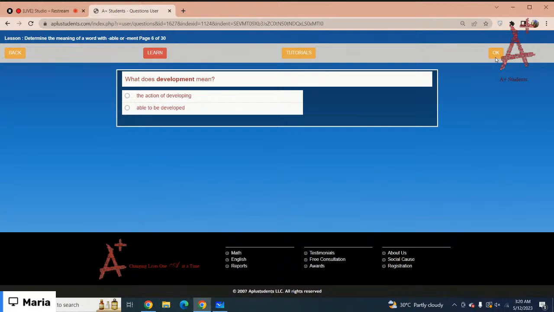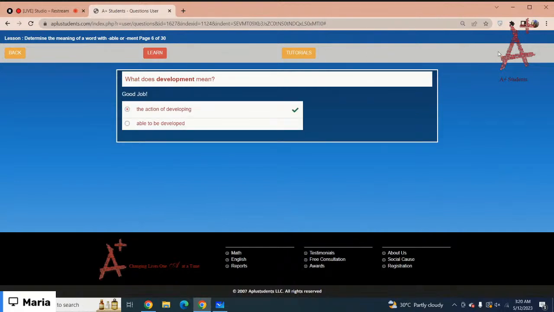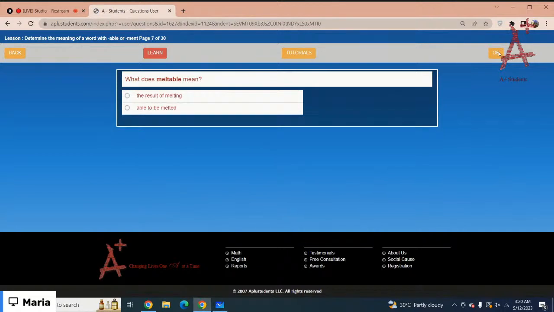The action of developing. Then what does meltable mean? It would be able to be melted. Got it?